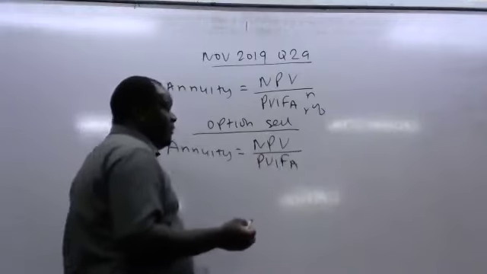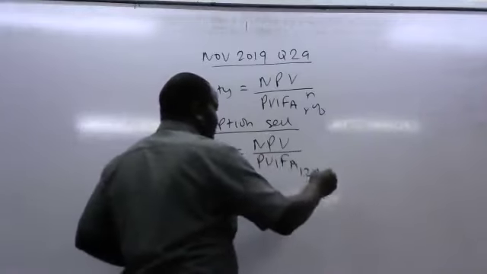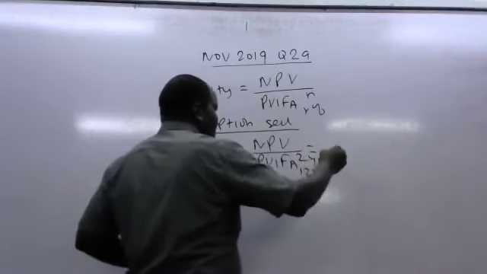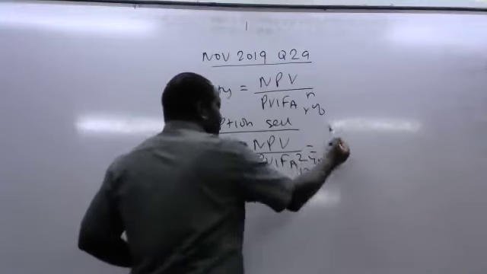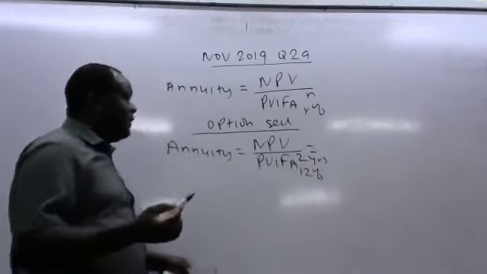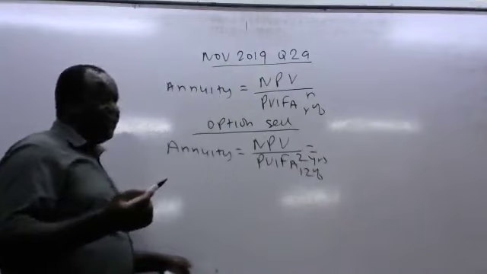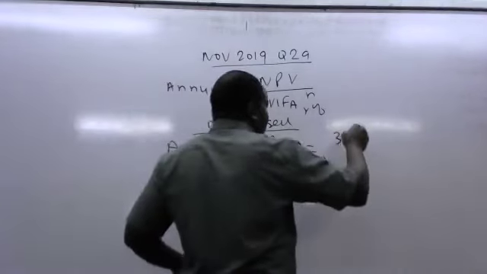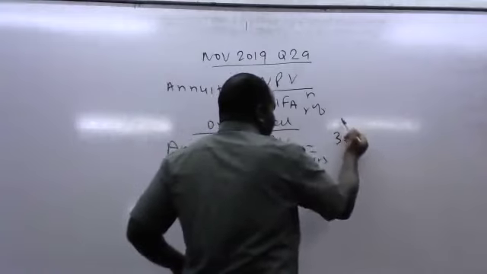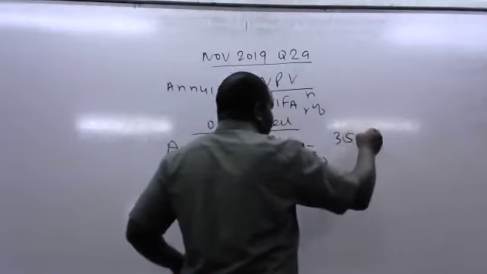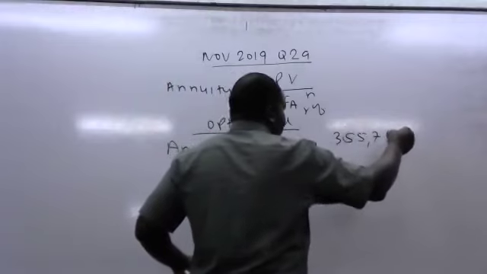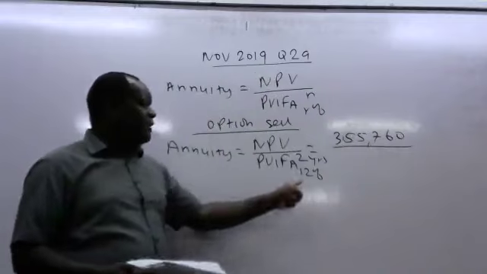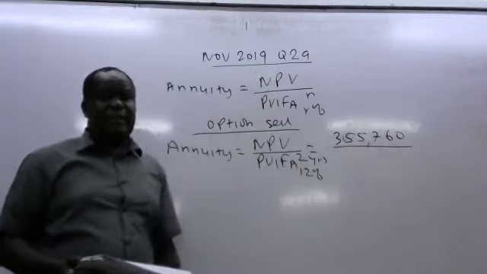The cost of capital is given as 12%. Sell was meant to be for 2 years. So just give me the figure we got as NPV for option sell. 355,760. So you now check 12% in year 2 in the second table.